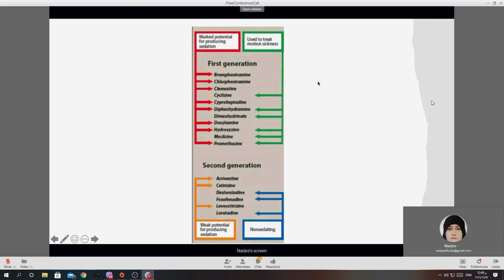So this figure basically compares first generation antihistamines and second generation antihistamines, and shows that the first generation produce sedation. Why? Because they cross the blood-brain barrier and enter the CNS, causing depression.